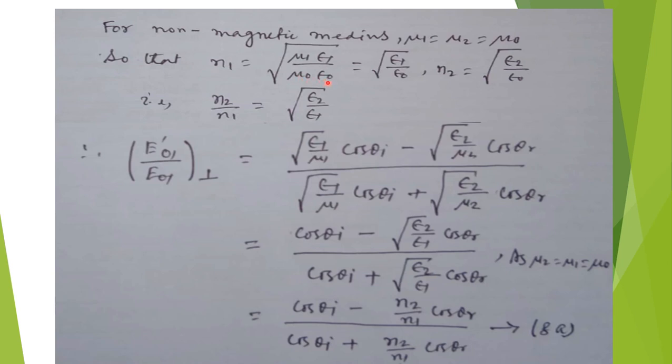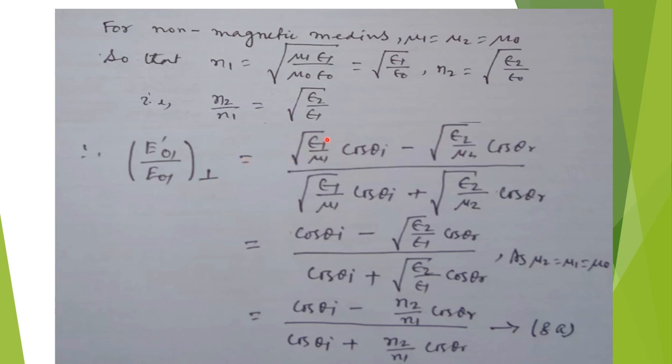In that case the refractive index N1 is equal to root of mu1 epsilon 1 by mu0 epsilon 0, that is, since mu1 is equal to mu0, root of epsilon 1 by epsilon 0. Similarly N2 is equal to root epsilon 2 by epsilon 0. If we take the ratio, N2 by N1 is equal to root epsilon 2 by epsilon 1.